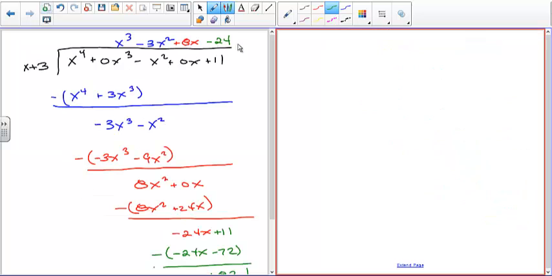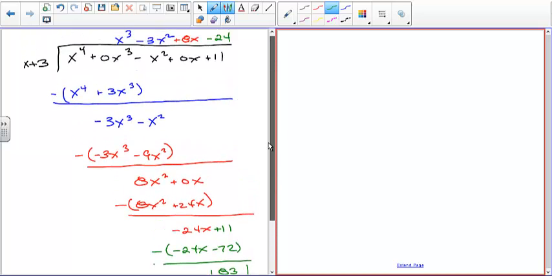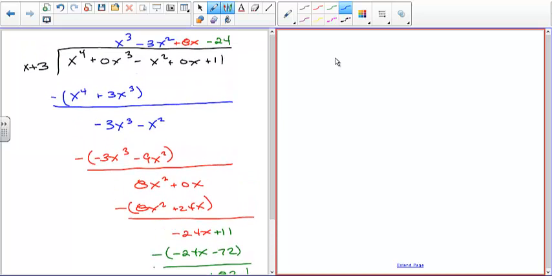Now, when I asked what does the value of the remainder equal? Well, yes, it's equal to 83, but that's not what I was asking for. I was asking for what was the significance of the remainder. The significance of the remainder is that if you evaluate the original function at -3, so you take this, set it equal to 0, solve x equals -3, then f of -3 is going to be 83.